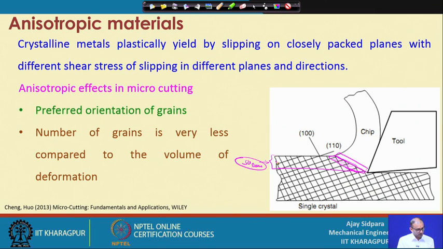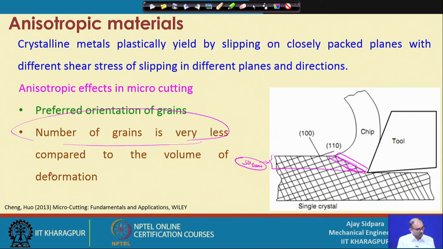Right. So, when you are deforming at a very small scale, you end up with very few grains. That is, the number of grains is very small compared to the volume of the deformation. This is the volume of the deformation, and you can actually count how many grains are available.